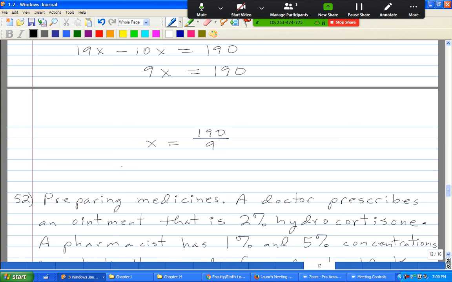And so let's write this in hours. Well, 190 divided by 9 is 21.111. And so there are 60 minutes in an hour. And so let's multiply the 0.111 times 60.